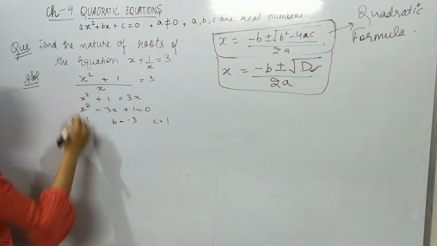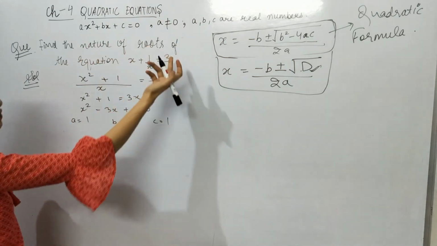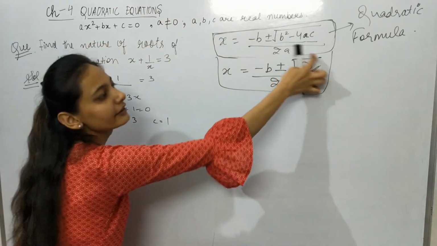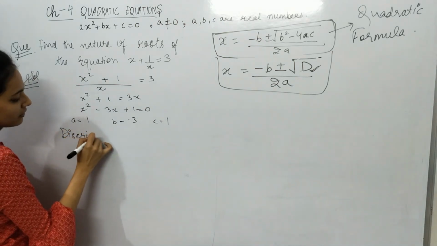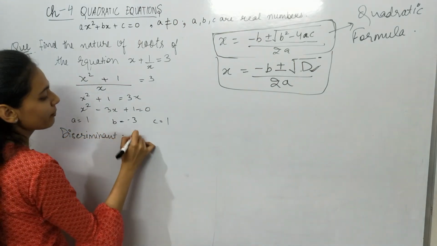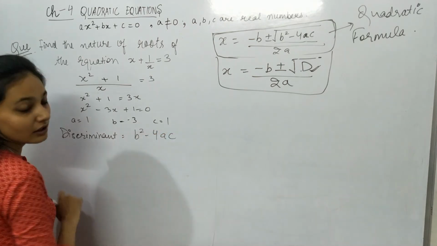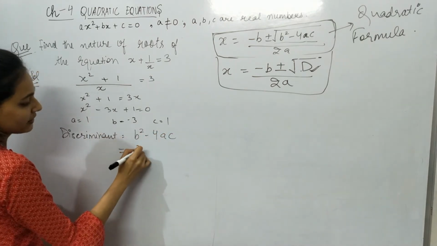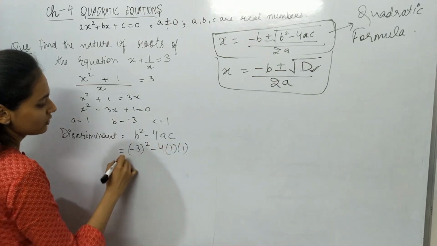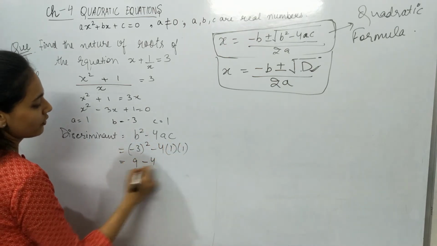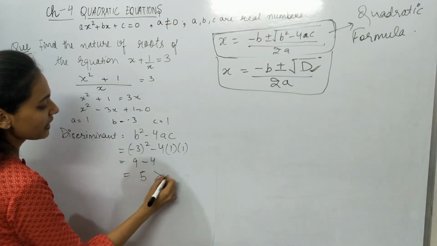And now for finding the nature of roots, we just have to find the discriminant. So we will say that discriminant is equal to b square minus 4ac. What is b here? Minus 3. a is 1, c is 1. So 9 minus 4, we get 5. So discriminant is greater than 0.